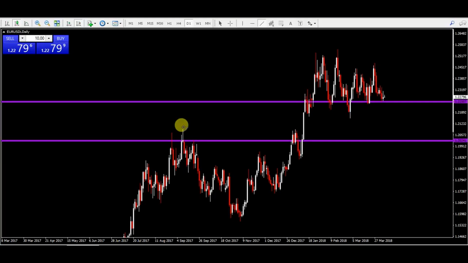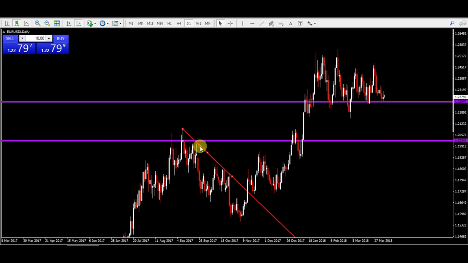Prime example, we've got these 2 points, these two bounces, so to speak. The market came down, and then we got another bounce, and the market came down. That determines an official trend line.